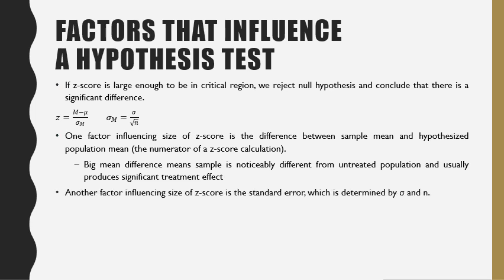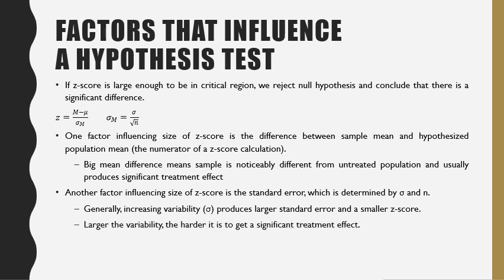Okay? Another factor that influences the size of the z-score is the standard error. And we know that standard error is influenced by standard deviation and N. So generally, increasing the standard deviation produces a larger standard error, which in turn produces a smaller z-score. So the larger the variability, the harder it is to get a significant treatment effect.